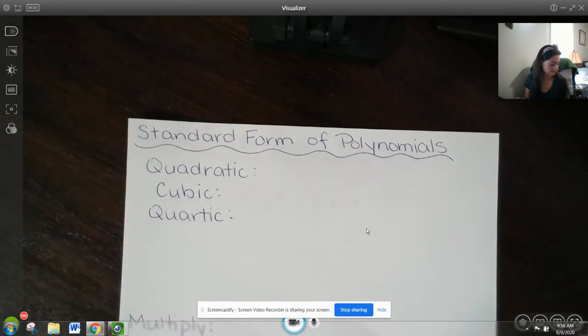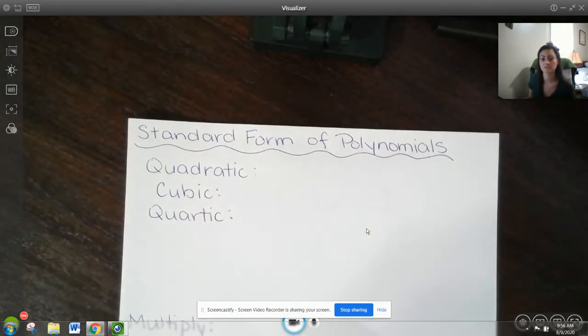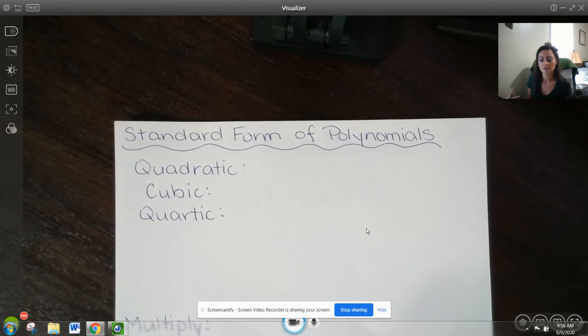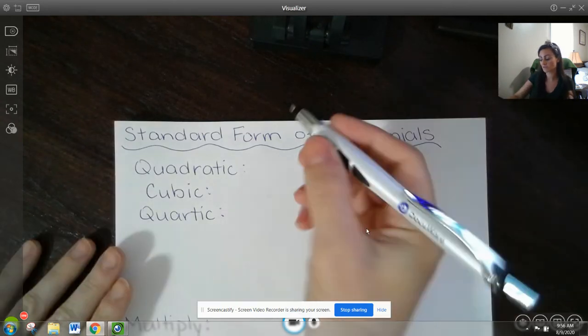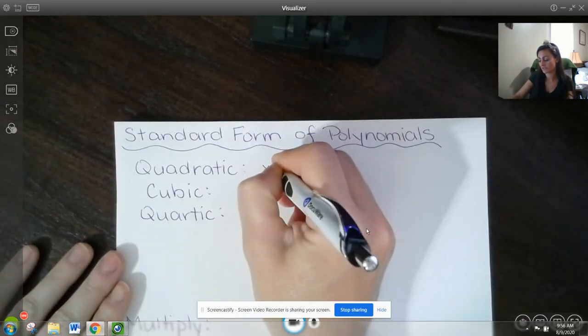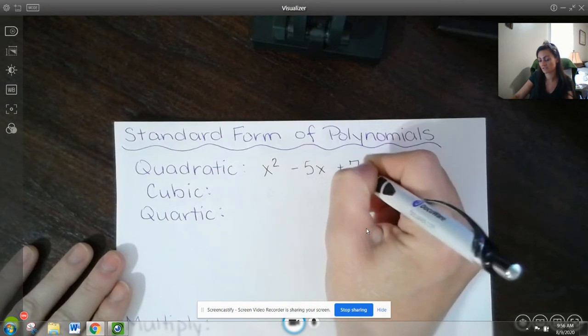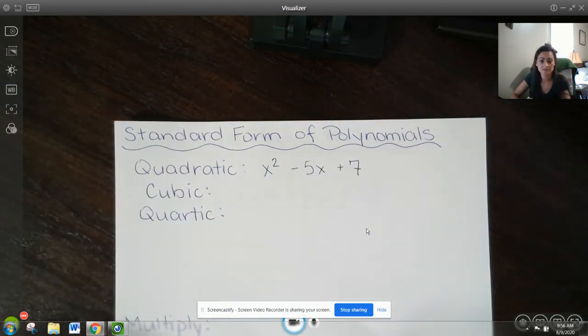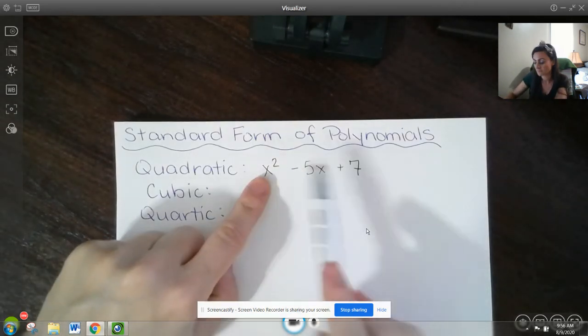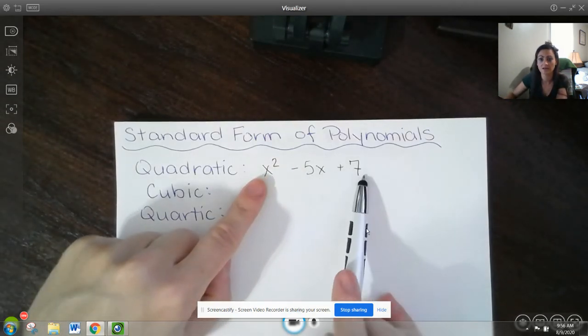If I'm looking at the standard form of different types of polynomials, we always want our highest exponent to be first. So if it was a quadratic, I could have x squared minus 5x plus 7. That would be an acceptable way to write standard form of a polynomial that is quadratic because x squared is first, followed by x, followed by the constant.